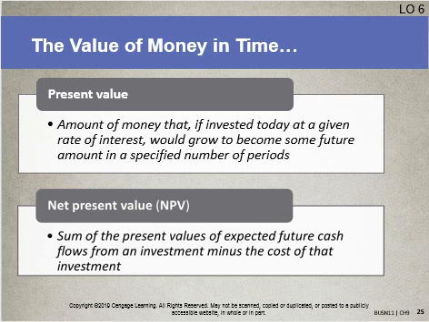So let's look at these two terms I just mentioned. Present value and net present value. Because money has a time value, a cash flow's value depends not only on the amount of cash received, but also on when it is received.